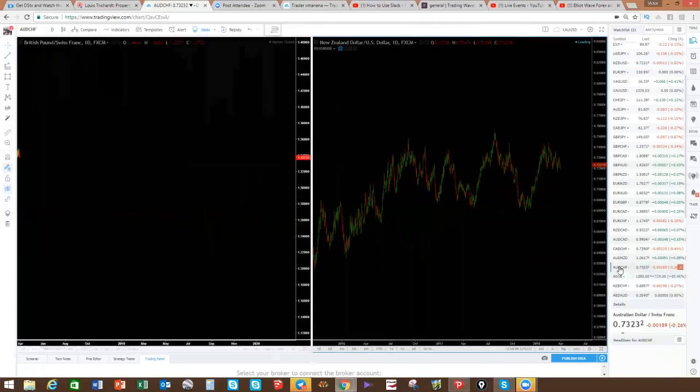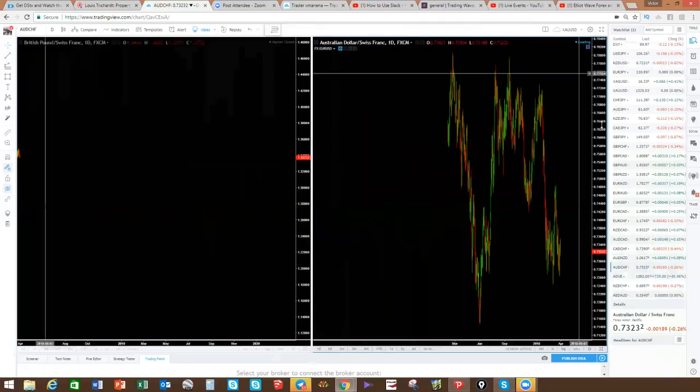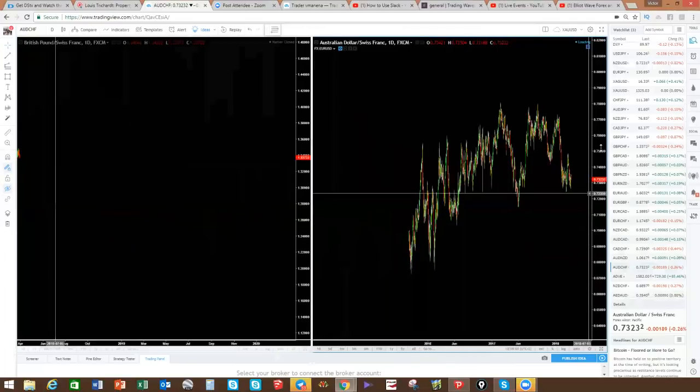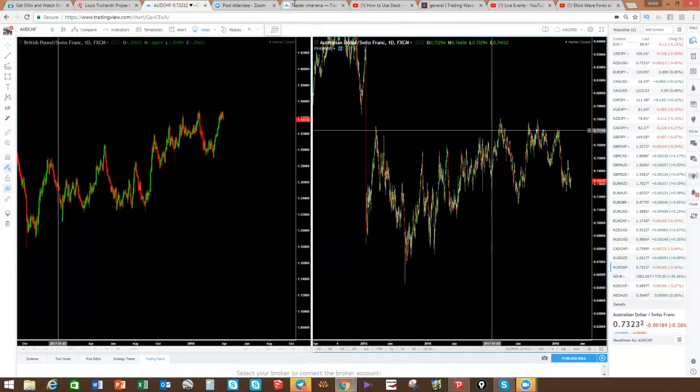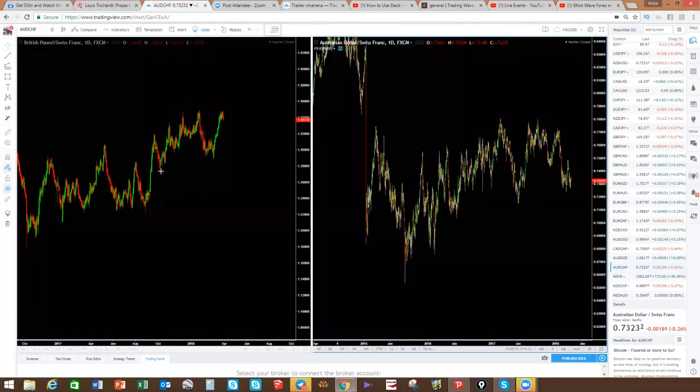That's AUD Chief. All the Chief pairs have got this structure. Okay, you get this structure, a diagonal ending. All the Chief pairs, if you go check, they're doing the same thing.